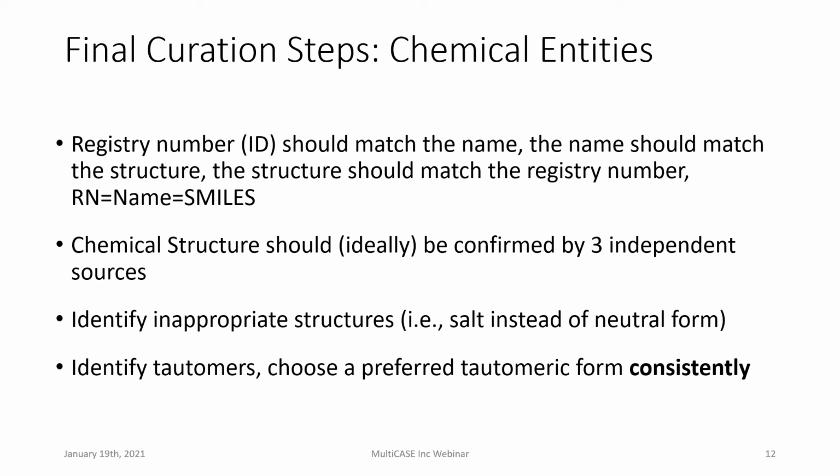And finally, obviously there are tautomers. Sometimes there are multiple tautomers for the same structure. So there is always a challenge, which structure to use. We're trying to use at least the same type of structures. I call them the less exotic type of structures, and we're trying to use them consistently.